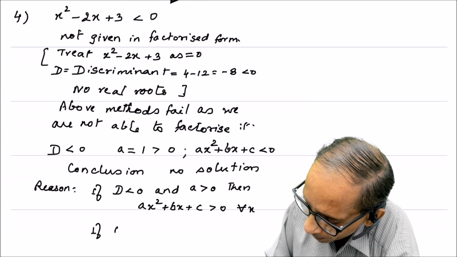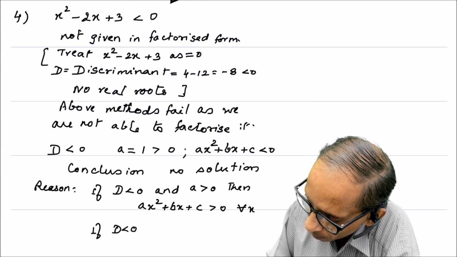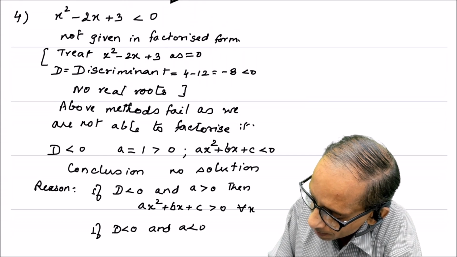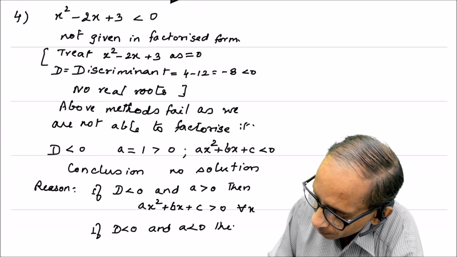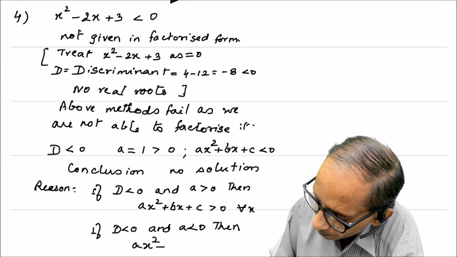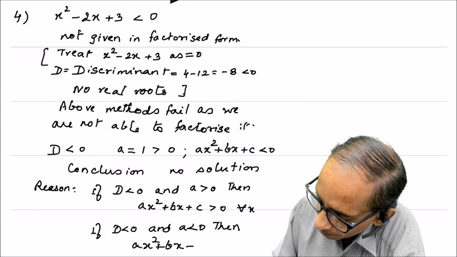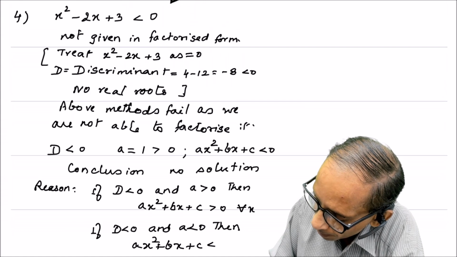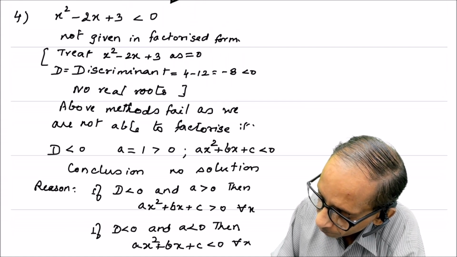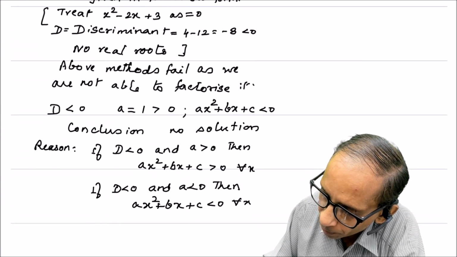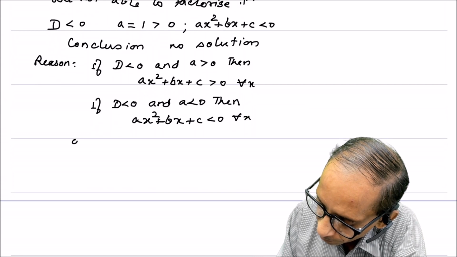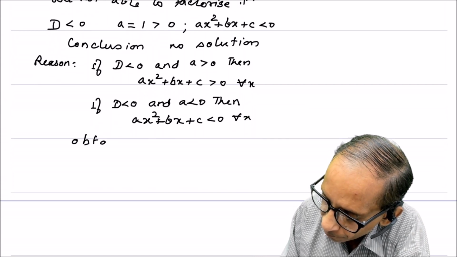And if D is less than 0 and a is less than 0, then in that case ax square plus bx plus c will be less than 0 for all x. In fact, this can be obtained by the completion of squares method.